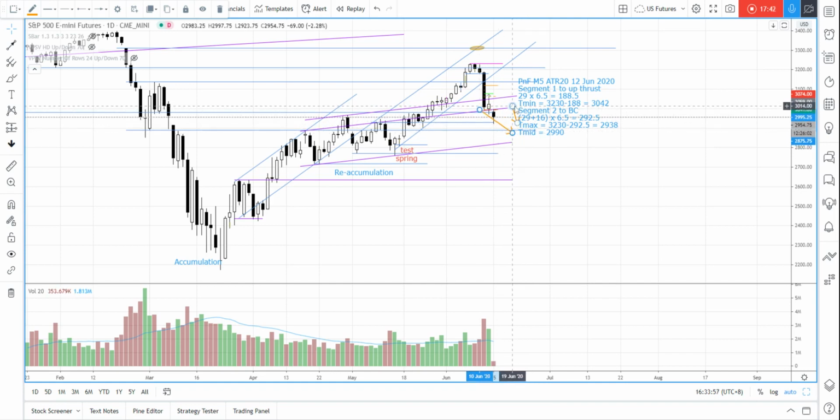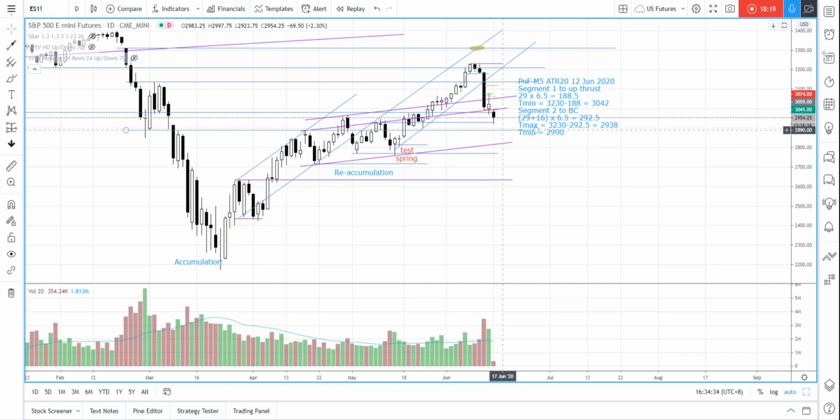Maybe let me draw this up a bit better. So something like this down sloping range is possible as well, because this kind of character, strong acceleration to the downside, mimics this kind of movement. I think we just need to be aware that it could have a further downside target, and if it did just keep falling, I think the next logical level is around 2890, or we can just round up to 2900.